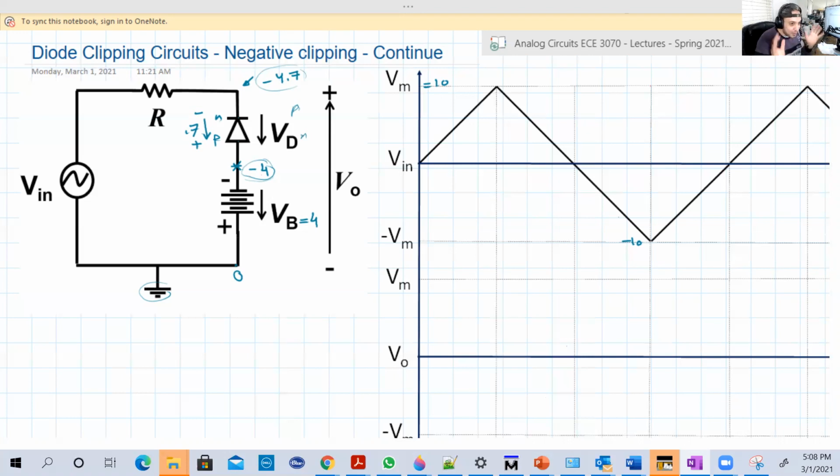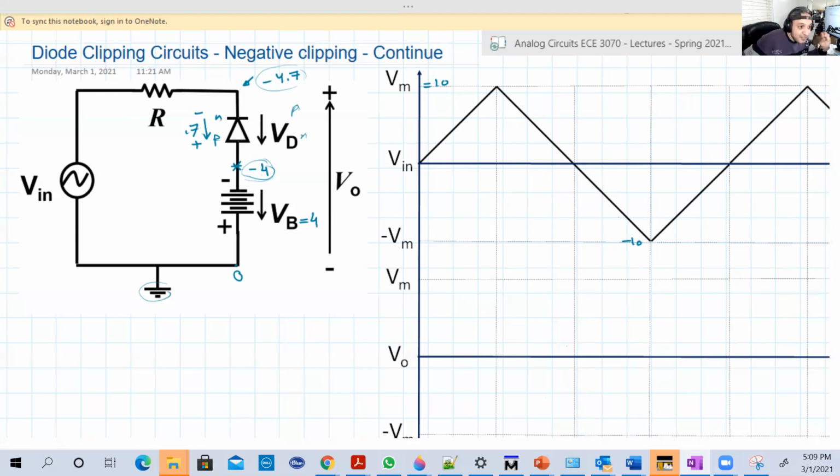So it is really opposite in many things, but in the same way we can say that, instead of saying the input should exceed the input minimum so the diode can turn on, here the input should be less than minus 4.7, which is our new input minimum, although it's not a minimum.